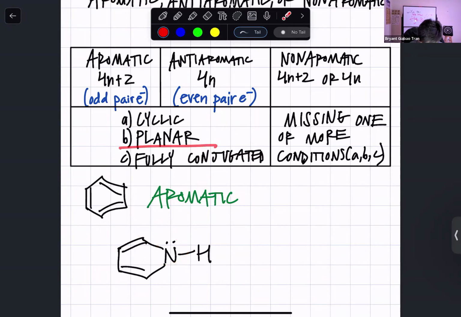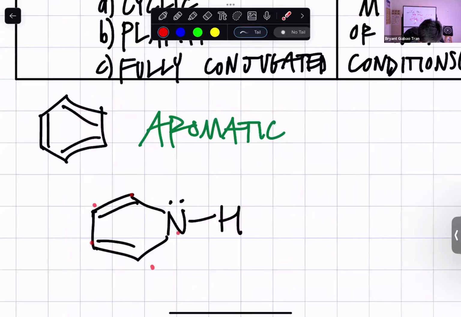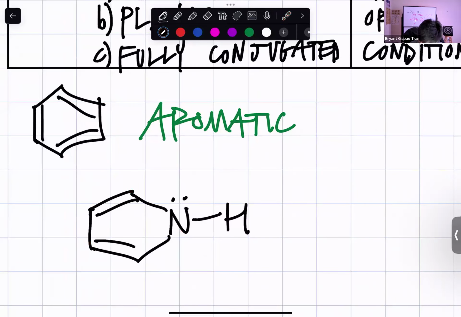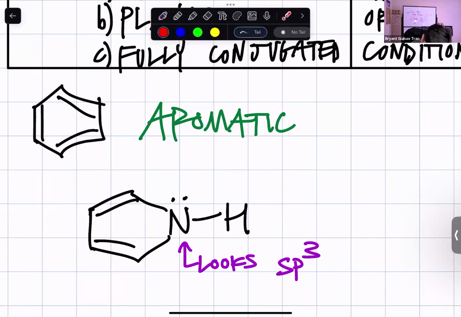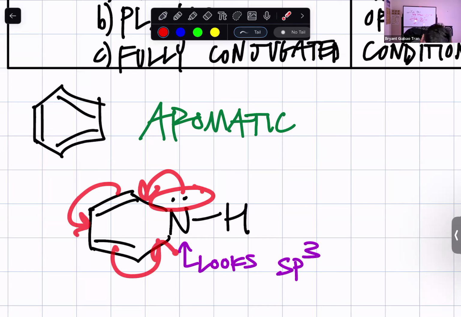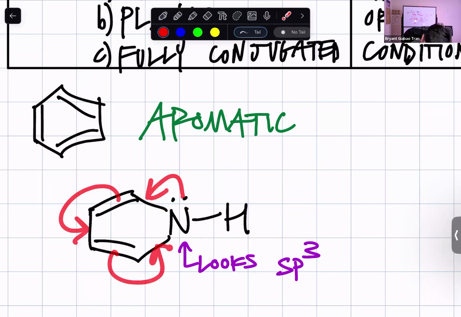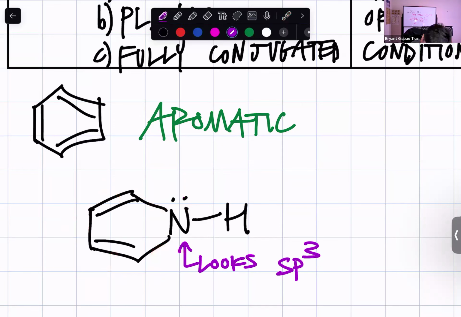It is planar because every single atom is sp2 hybridized, right? Nitrogen here looks sp3, but it's not. This pair of electrons here can do resonance, right? These are the resonance structures that are going to happen across that whole ring right there.